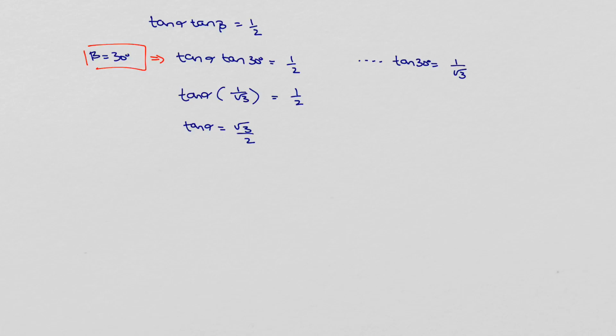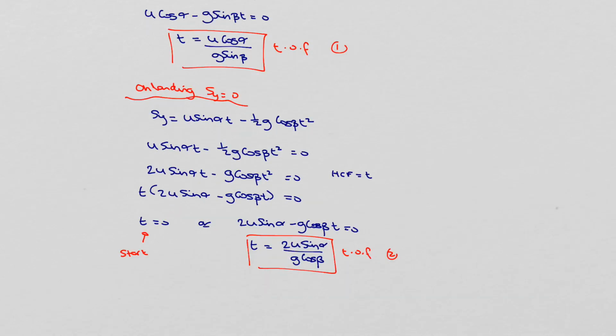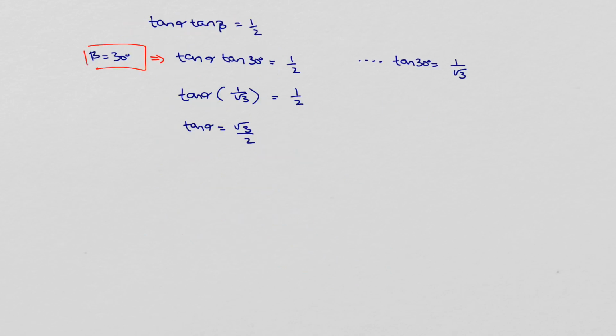Okay, now if we go back, we're looking for our time of flight in terms of u and g. So I have 2 times the flight here. I can say u cos alpha over g sine beta, or I can do 2u sine alpha over g cos beta. So let's just go with the first one there, where t is equal to u cos alpha over g sine beta.